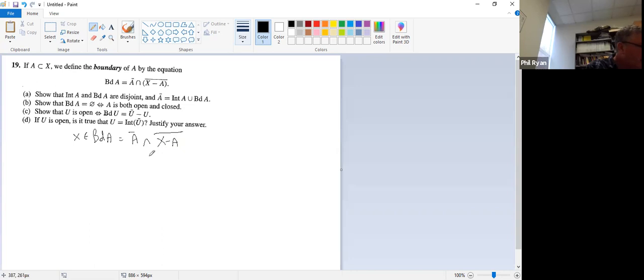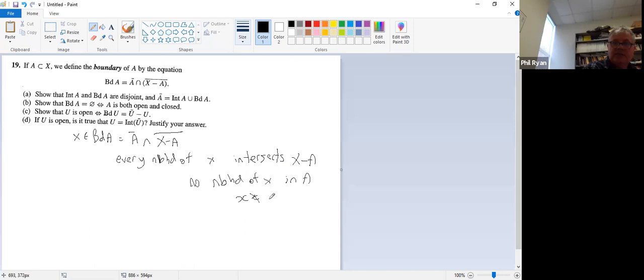So every neighborhood of x intersects the complement of A. So no neighborhood of x lies entirely in A. So x can't be in the interior of A. So that shows us that the interior and the boundary are disjoint.